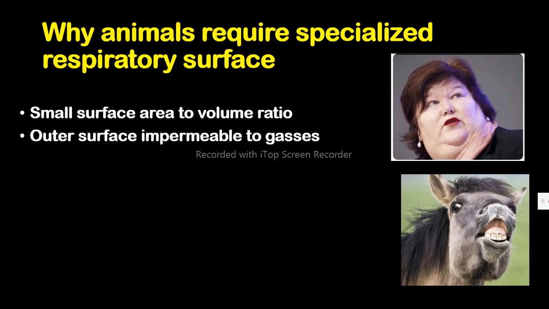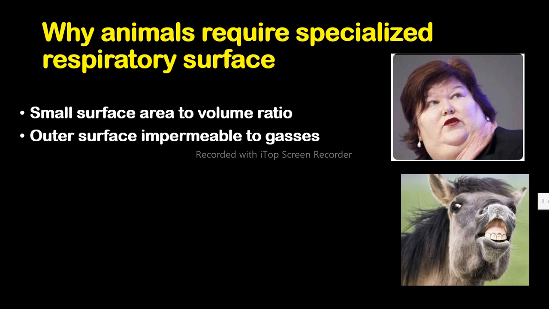In other animals, the skin is covered by feathers. In other animals, the skin is covered by scales. Think about fish. So the skin is highly impermeable. Others have an exoskeleton, the cuticle, which is impermeable to gases.